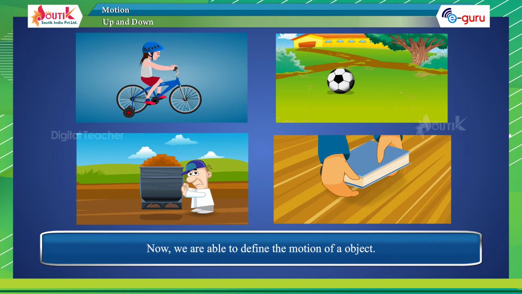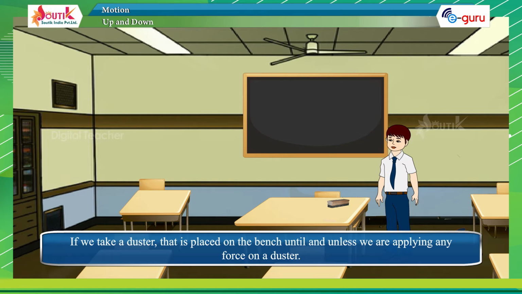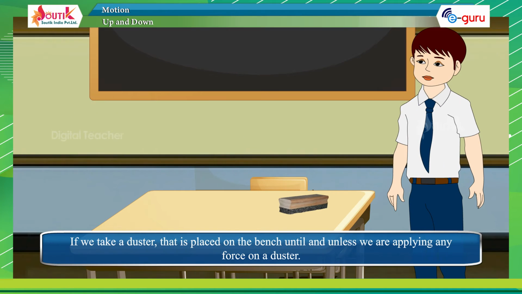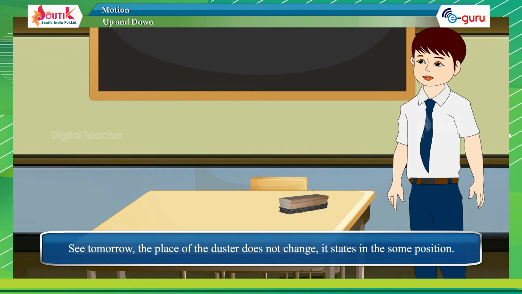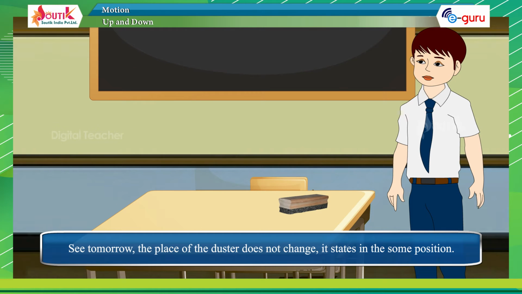Now we are able to define the motion of an object. If we take a duster that is placed on a bench, until and unless we apply any force on it, the place of the duster does not change tomorrow. It stays in the same position.